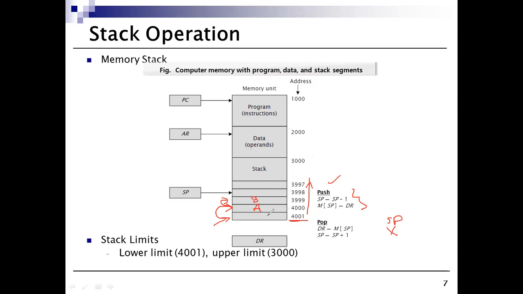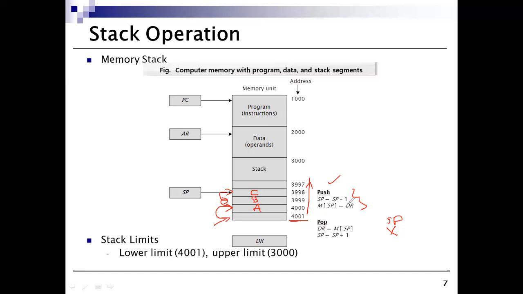I can say my stack is growing down. Every time the stack pointer is decrementing, sorry, not incrementing, and we are copying the contents. So here my stack is growing downwards, or rather the stack is growing towards decremental addresses. That is the difference between register stack and memory stack.